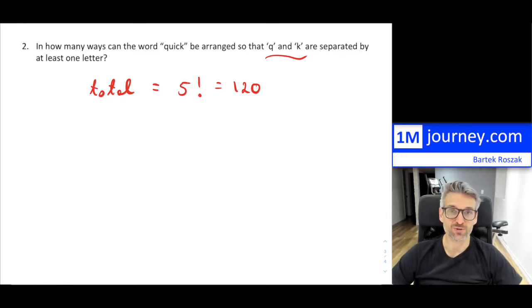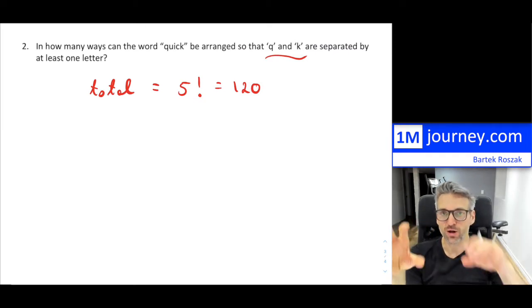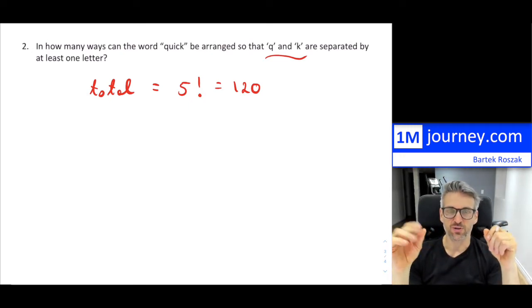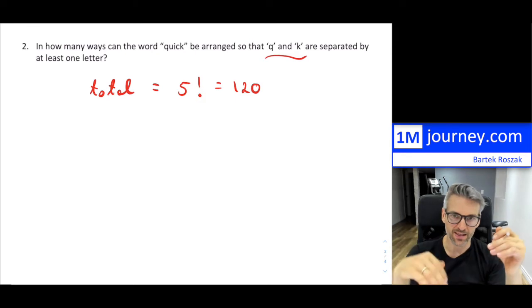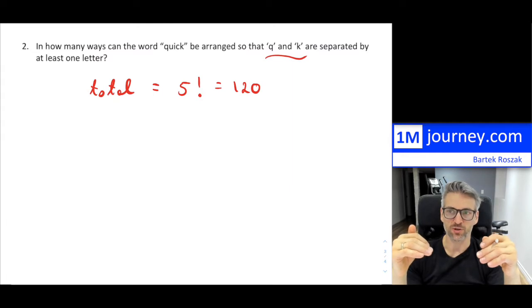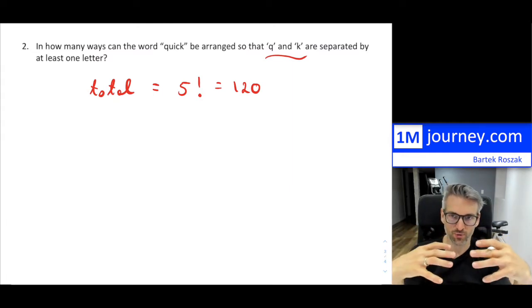Now you can try to pick your cases, right? And then see, okay, are they separated by 1, by 2, by 3, and so on. And it would create a lot of cases for you, and it's actually quite a bit of a headache. So what you can do instead is negate the problem and say, in how many different ways can this word be arranged?